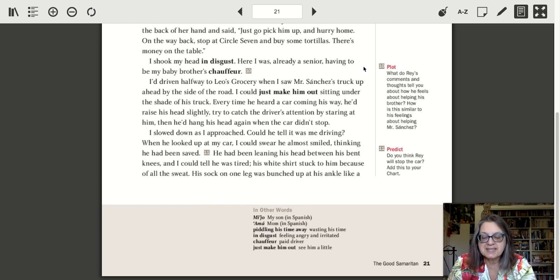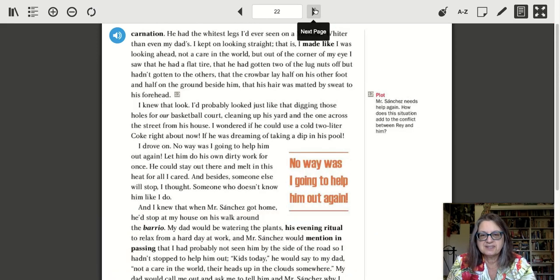He'd been leaning his head between his bent knees, and I could tell he was tired. His white shirt stuck to him because of all the sweat. His sock on one leg was bunched up at the ankle like a carnation. He had the whitest legs I'd ever seen on a Mexican, whiter than even my dad's. I kept on looking straight.